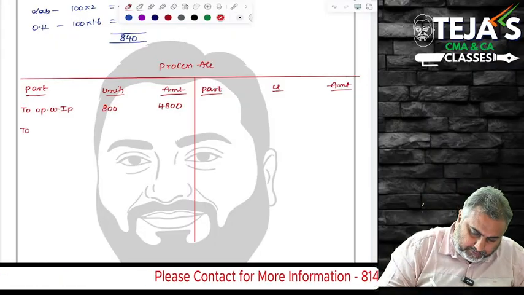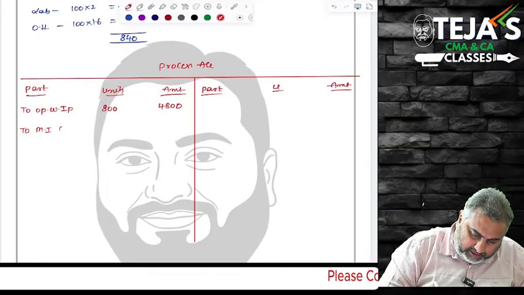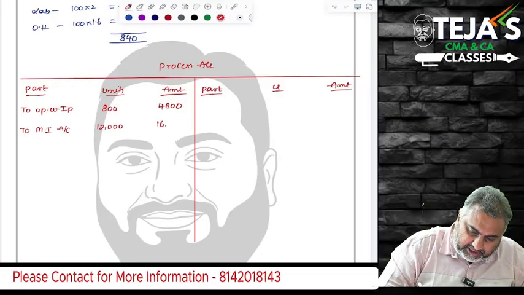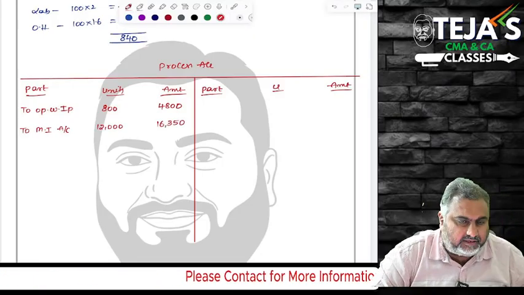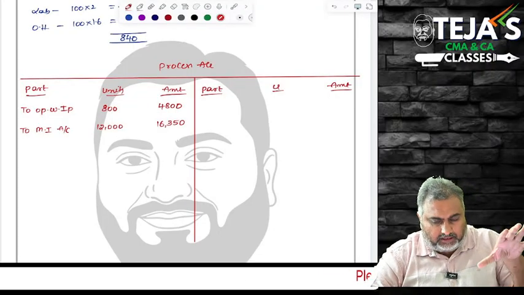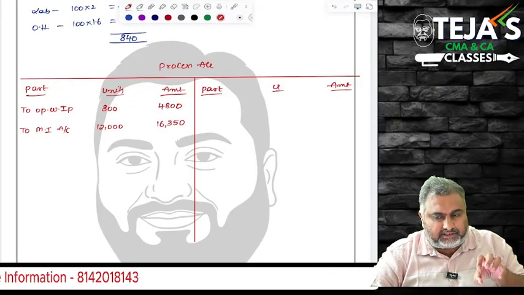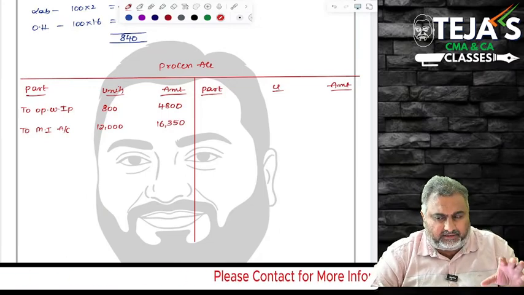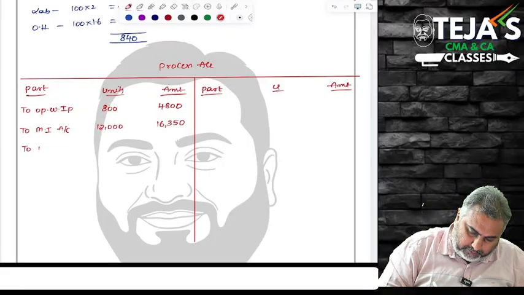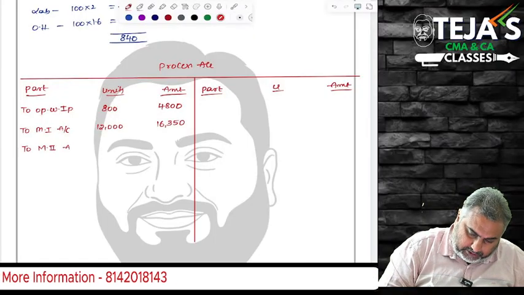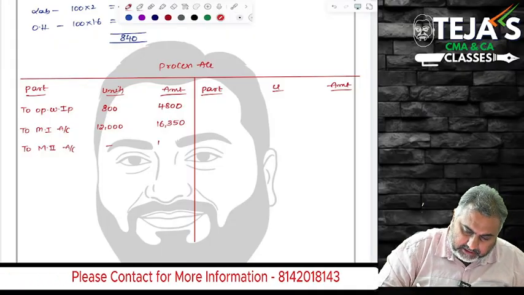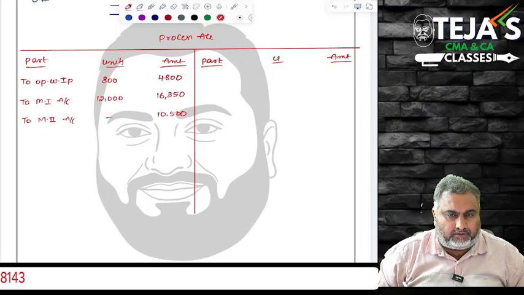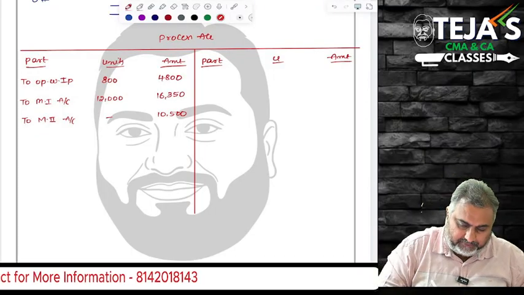Next, to material 1 account, 12,000 units, 16,350 already given in the question. All these amounts are already given in the question; we are just writing the expenditure amounts provided. To material 2 account, don't write any units, 10,500.